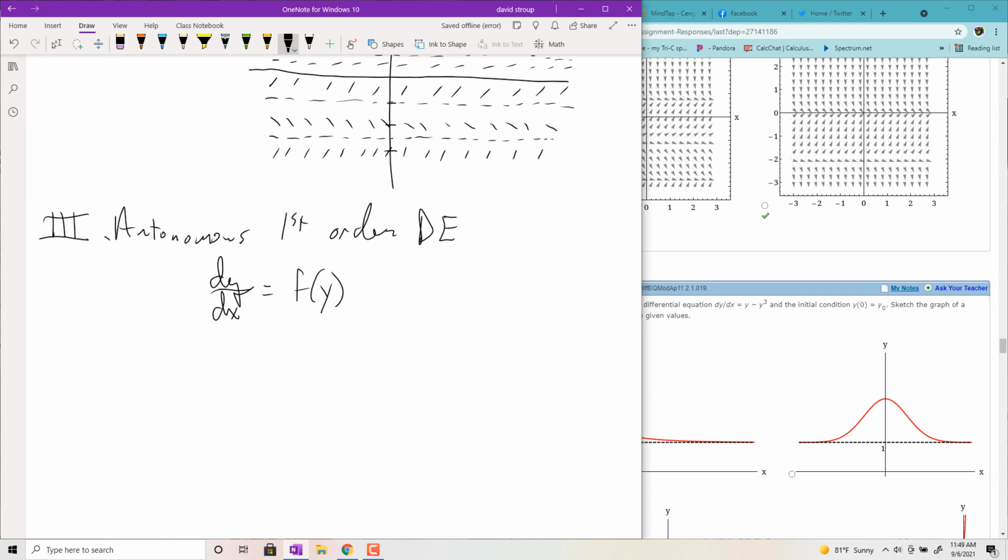get the solutions. Okay, so again, let's just remind you of the difference between an autonomous and non-autonomous. So and we're not saying it just has to be some variable in terms of just one variable. In particular, it's the dependent variable that we need for autonomy. So this one is autonomous.